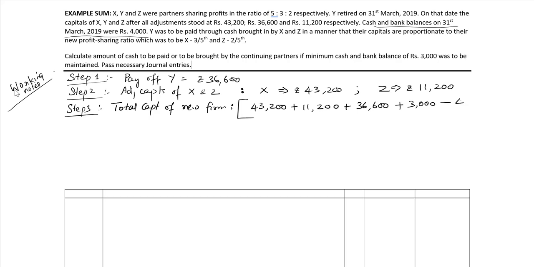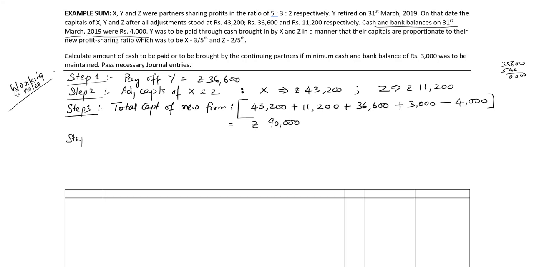So we'll deduct 4,000 rupees from this amount. And the final answer which we get is rupees 90,000.